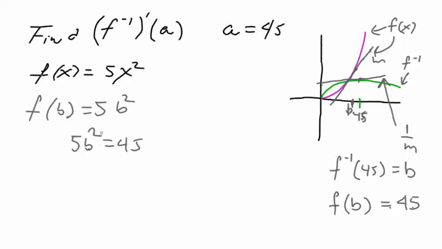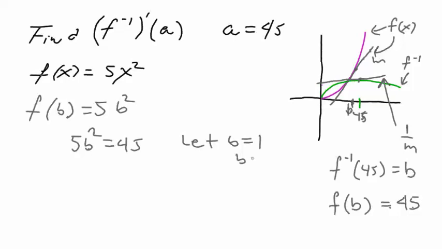Now, here's really the method that we're going to be using, because we're going to be doing some of these that are hard to solve. You can't solve for b. It's impossible. So what you want to do is just plug some numbers in. For example, let b equal 1. Well, 1 squared is 1, and 1 times 5 is not 45.